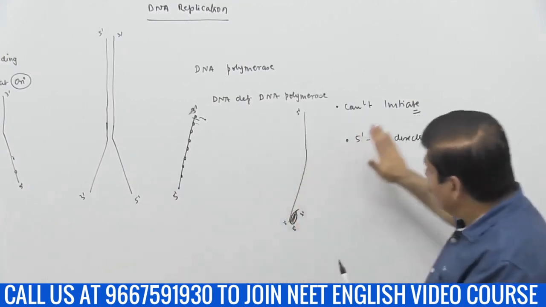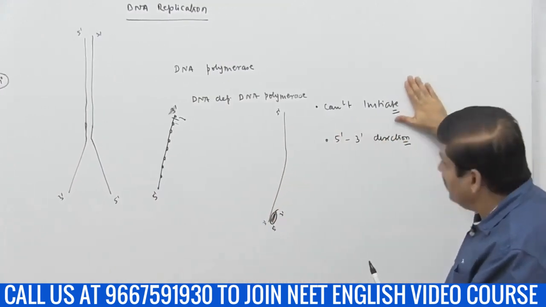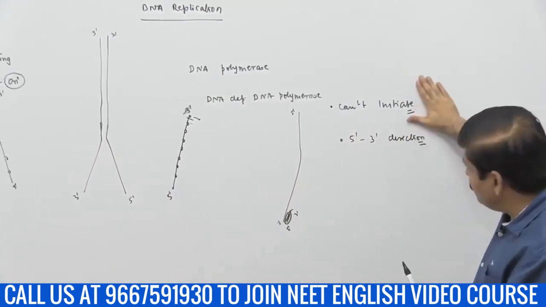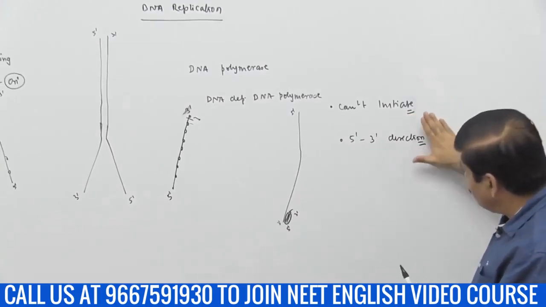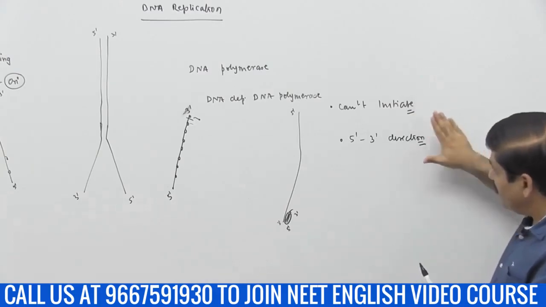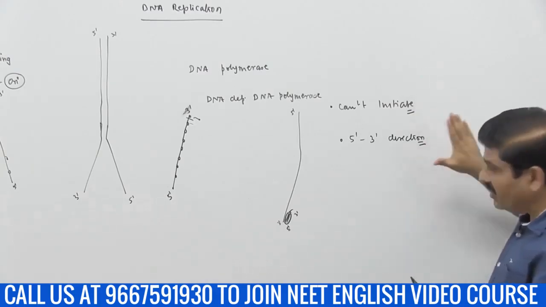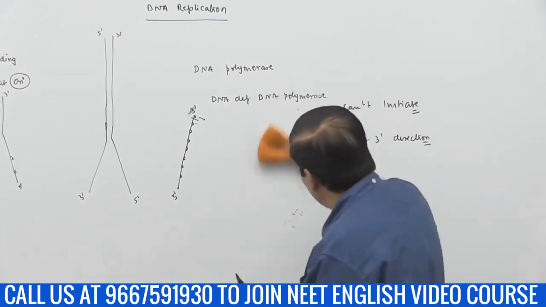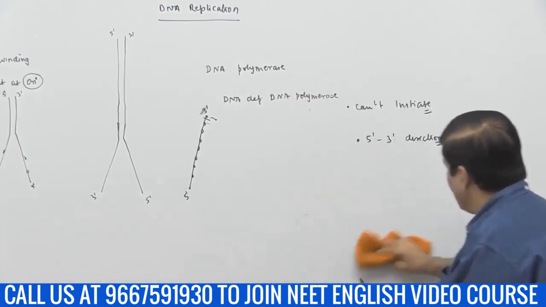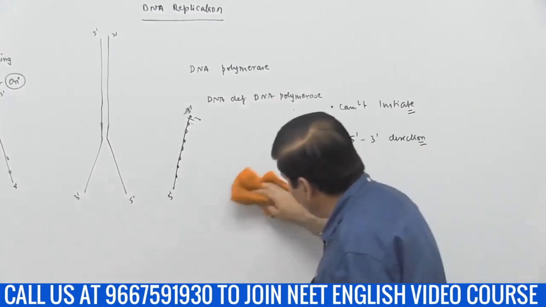So again, please remember: number 1, they cannot initiate but can extend any strand. This is a very important property. Number 2, they can synthesize only in 5' to 3' direction. Repeatedly I have told you why. I hope this is absolutely clear. Now let us see how these problems are overcome.